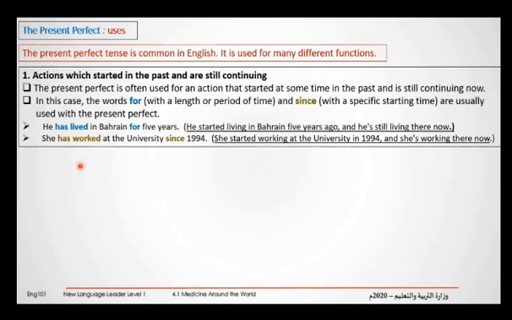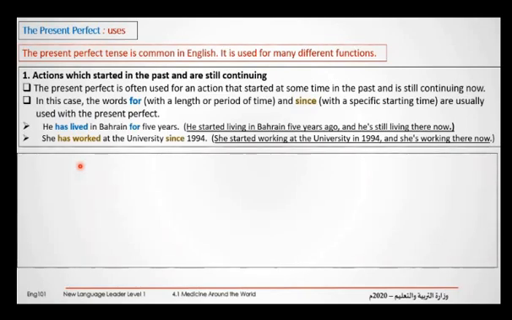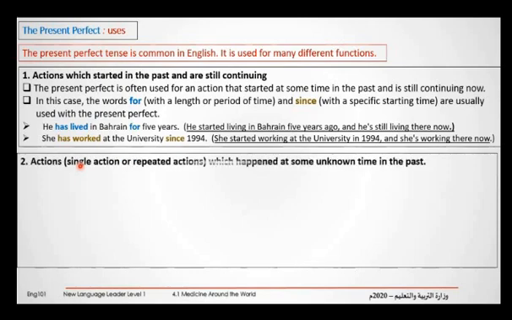What about the next one? Number 2. Actions. Single actions or repeated actions which happened at some unknown time in the past.